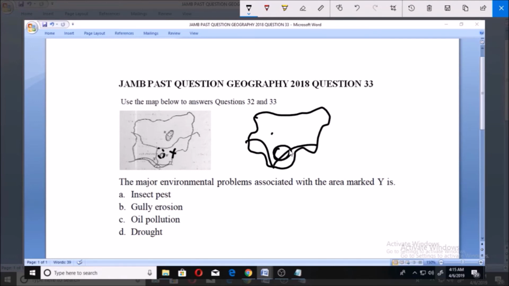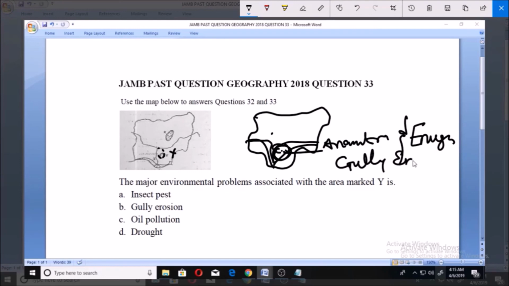Now this area in the east is the area having the states of Anambra and Enugu. Now we know that the major problem in Anambra and Enugu is gully erosion. That's the major problem there. If we had picked around here, it would have been oil production. Up here, drought.